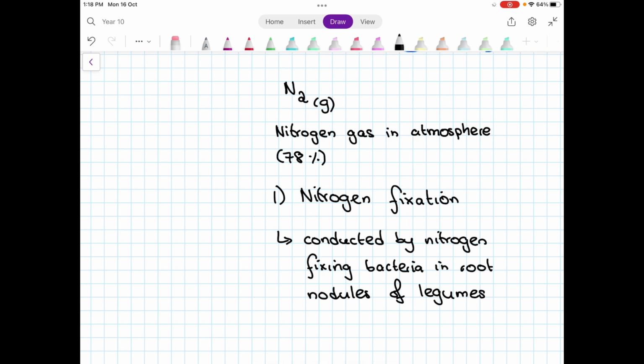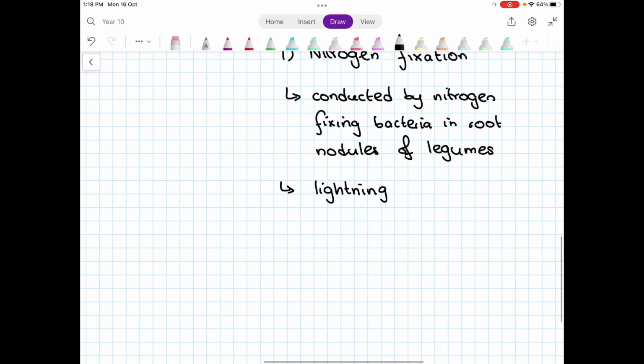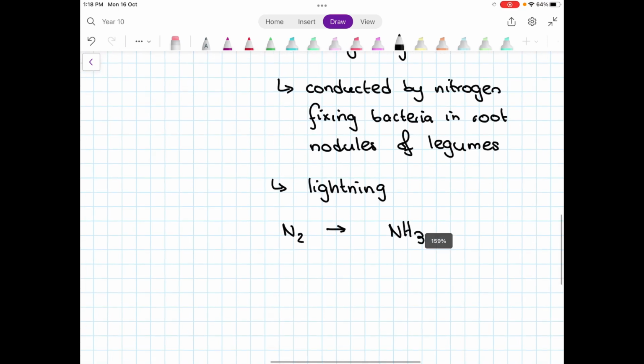Nitrogen fixation can also occur by lightning. So this is your second method of it happening. And really what nitrogen fixation involves is converting this nitrogen gas in the atmosphere into ammonia. So N2 gas into ammonia.